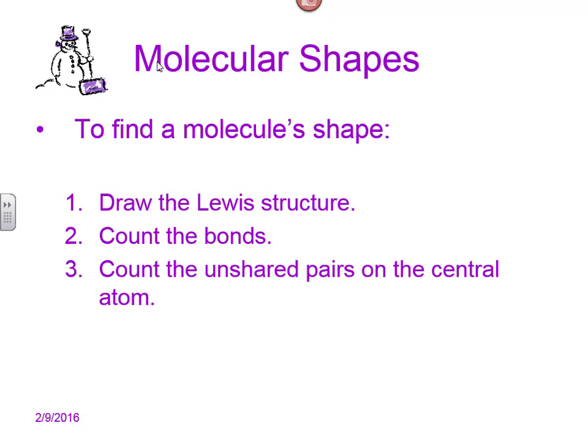It's kind of like those extra electrons that you have to draw around the outside. So we're counting the unshared pairs on the central atom. That means only the one that's in the middle of your structure. Once you know those two pieces of information, the number of bonds and the number of unshared pairs, then you can determine the shape.